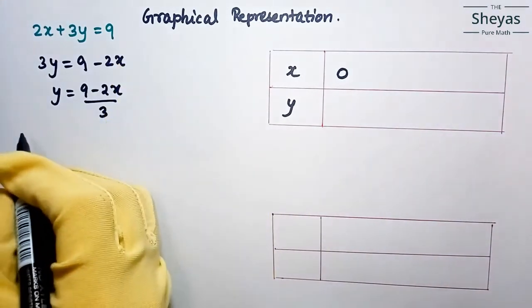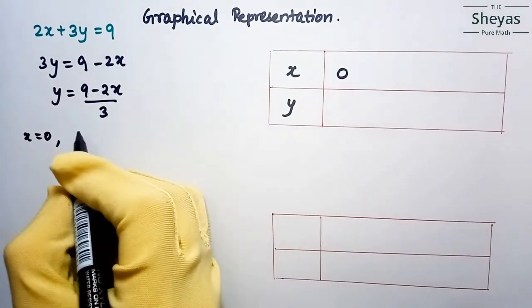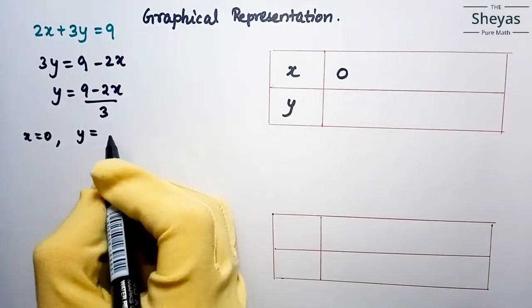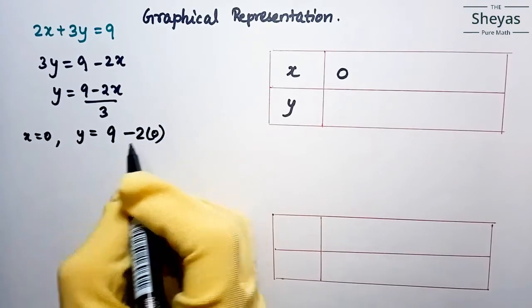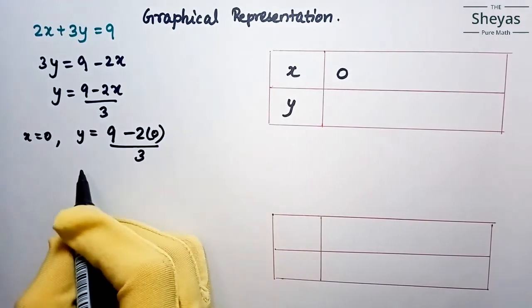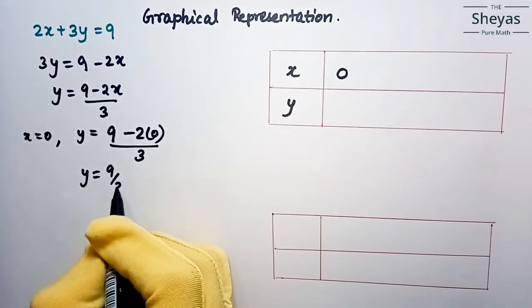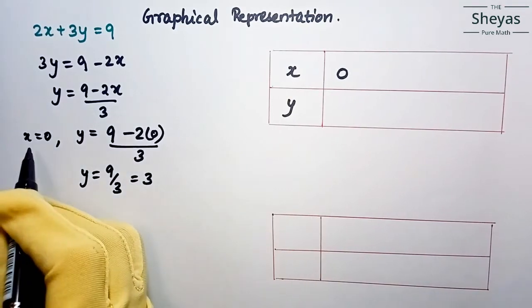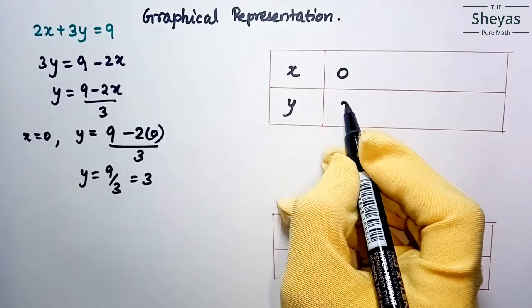If I take x is equal to 0, what will you get? y is equal to 9 minus 2 into 0, by 3. 2 into 0 is 0. So 9 by 3 is equal to 3. So if you take x is equal to 0, you will get y is equal to 3. So mark that point.